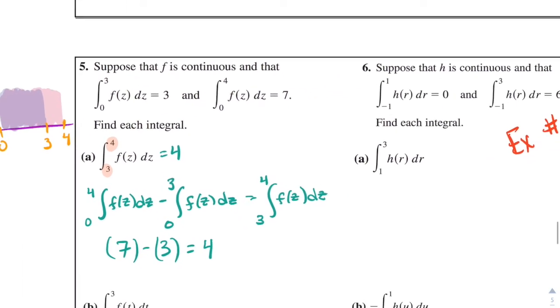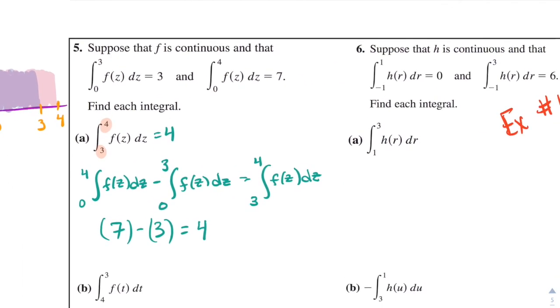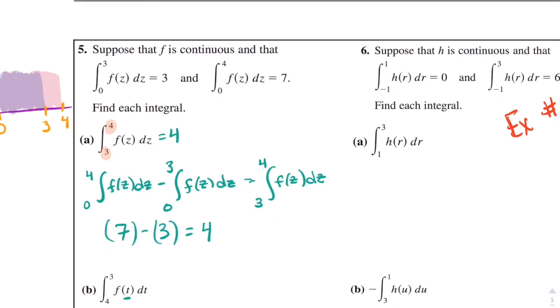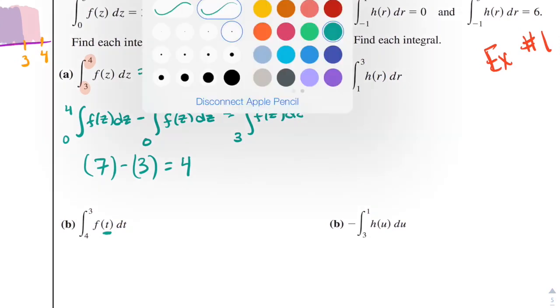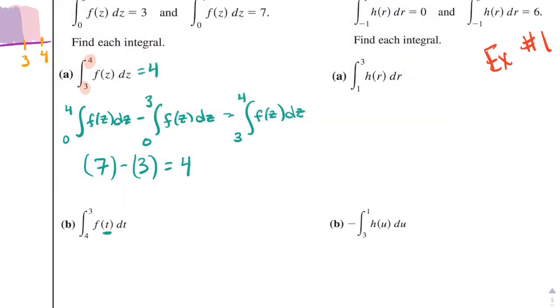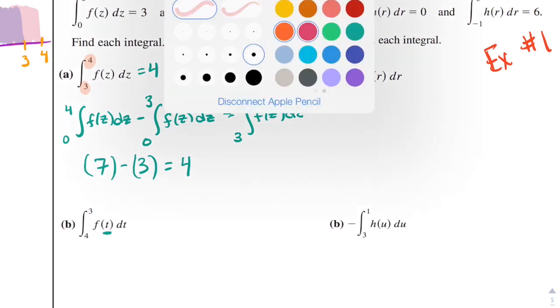Okay? You're actually allowed to reuse that if you need to. The difference here, you can't reuse it for this because that's f of t. So the reason why they change all these variables is because they don't want you reusing something you already found. Here, okay.